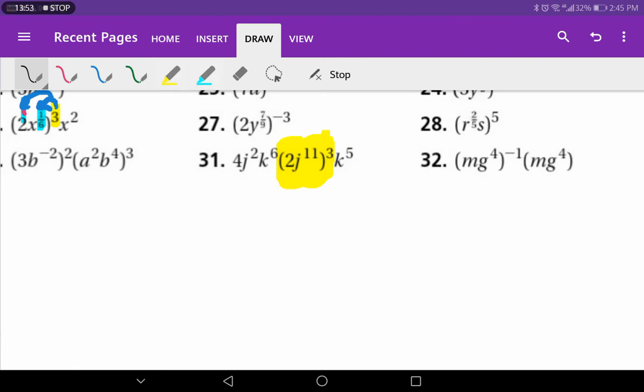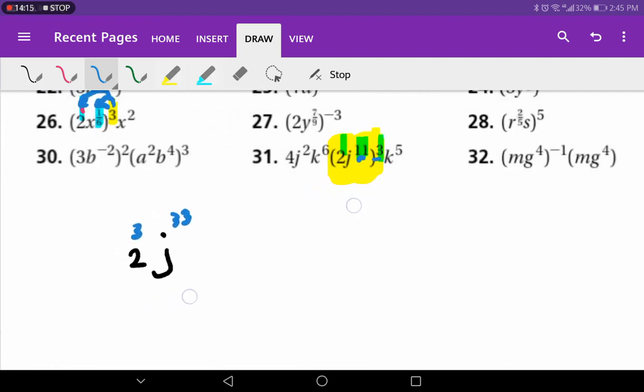It is 2j. Yes, the 3 will visit the 2 and visit the 11. Okay, I mean by visit, multiply. 2 to the power 3, and 3 multiplied by 11 equals 33, and we write the rest as it is.